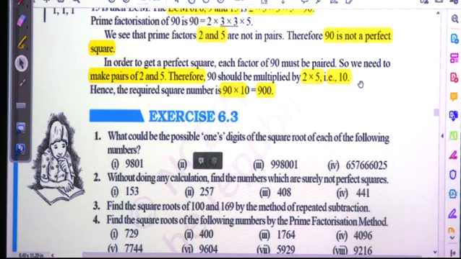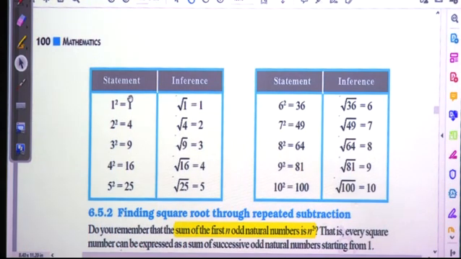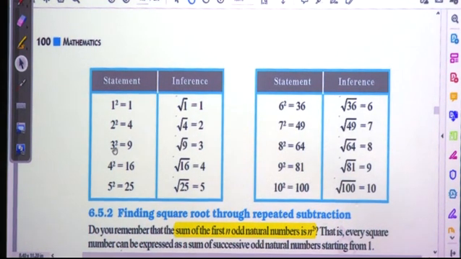Let us cross verify it. 1 square 1, 2 square 4, 3 square 9, 4 square 16. Here 6 is in ones place. 5 square 25, 6 square 36, 7 square 49, 8 square 64, 9 square 81, 10 square 100. Please understand, we had studied this concept, it was explained to us.